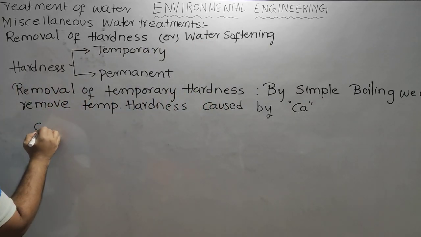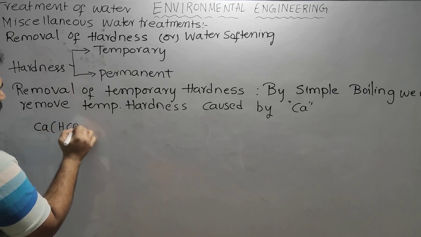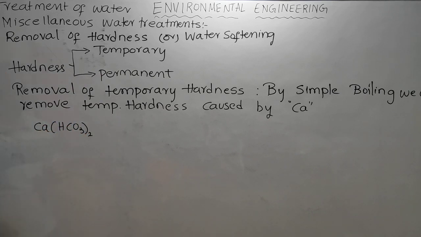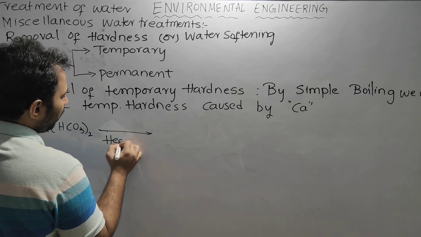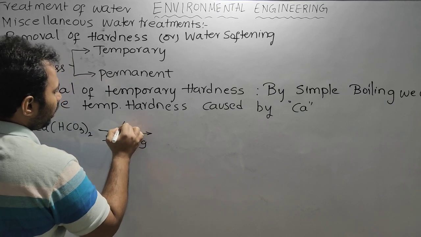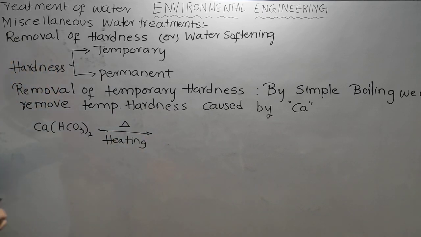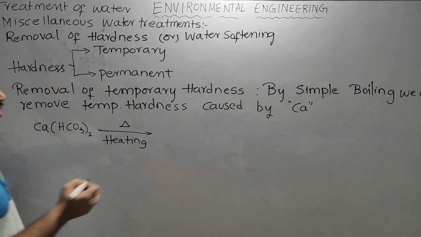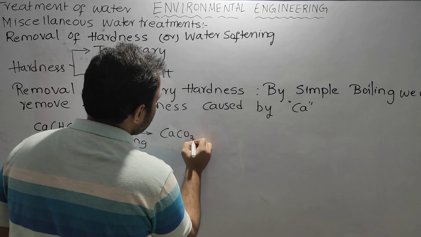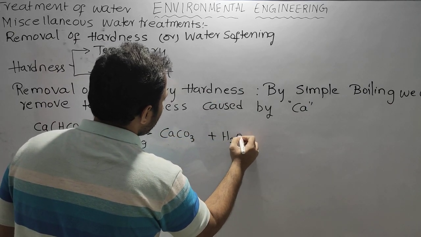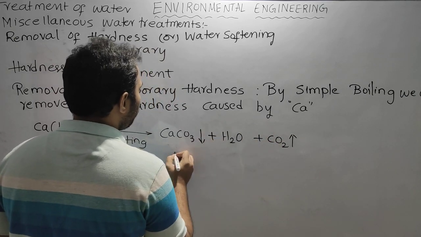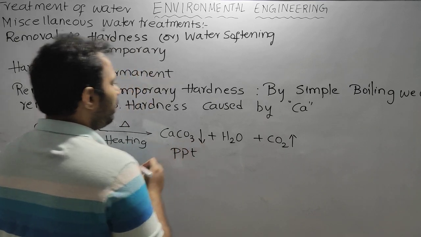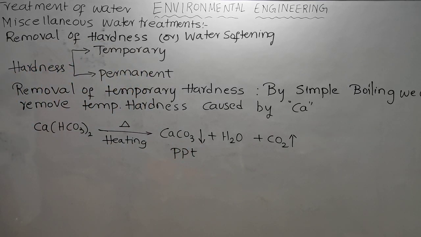So let us take Ca(HCO3)2. This is bicarbonate hardness of calcium. If we give energy to it, that means by heating, what happens to this? It will become CaCO3 plus H2O and CO2. CO2 is a gas, it will go up. CaCO3 will become a precipitate.